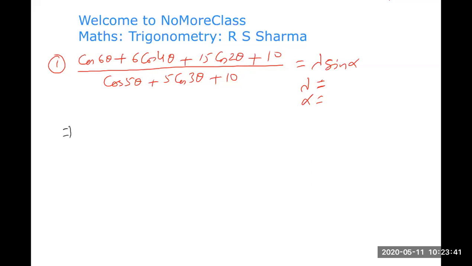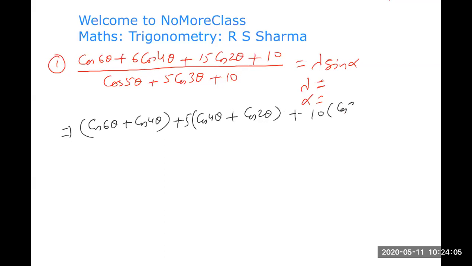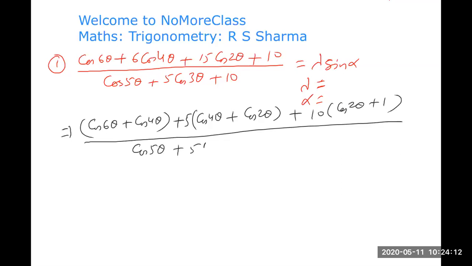Again we will rewrite: cos 6 theta plus cos 4 theta plus 5 cos 4 theta plus 5 cos 2 theta plus 10 cos 2 theta plus 1, upon cos 5 theta plus 5 cos 3 theta plus 10.